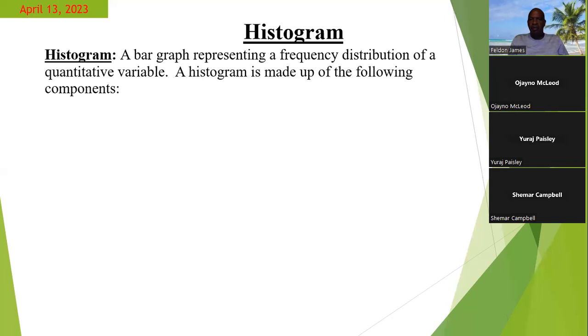Unlike the simple bar chart, where you generally keep all the bars at the same width, a histogram has a little bit of flexibility. You can either keep the bars at the same width, or have them at different widths, depending on what you're using to represent the frequency.